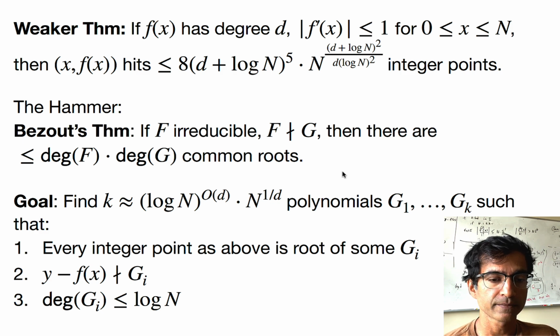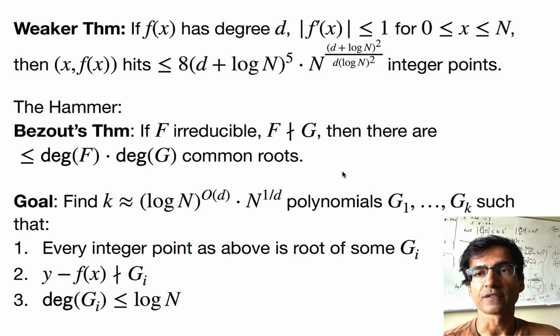So given this tool, what will we do? Our goal will be to find a small number of polynomials, g1, g2 through gk, such that every integer point of the type (x, f(x)) occurs as a root of some gi. So we'll find a small list of polynomials that covers all of the integer roots of the type (x, f(x)).